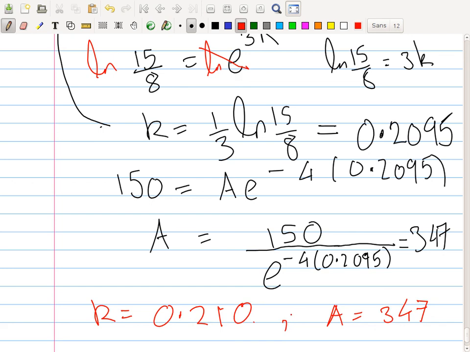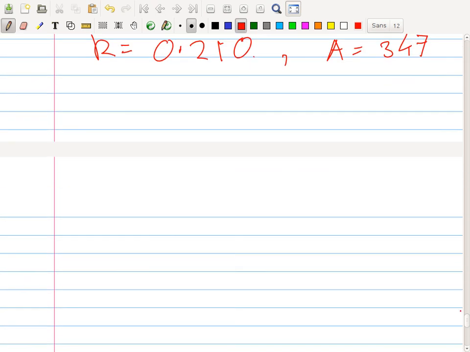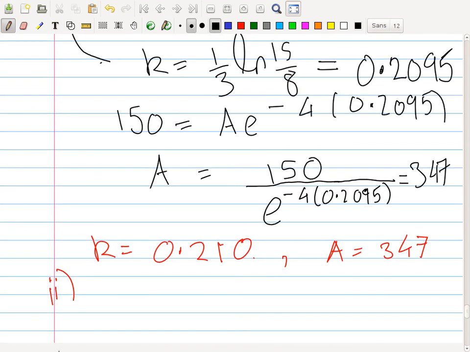Okay, so that is part 1, and now part 2. Part 2 is they just want the value when t is 12. So V equals A e to the minus kt.